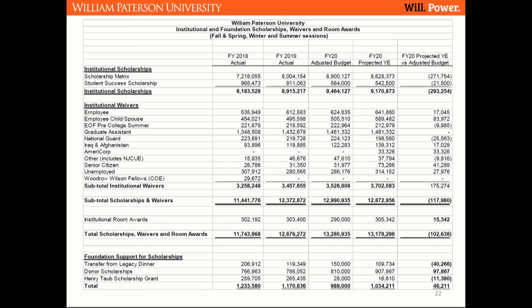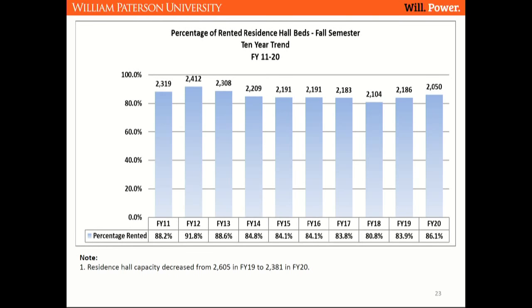I also wanted to show you the impact on housing. Same 10 years. This is fall semester. We've been running in the mid-80s, and we've taken a building offline too, which will be demolished this summer. This is the fall semester, spring semester.